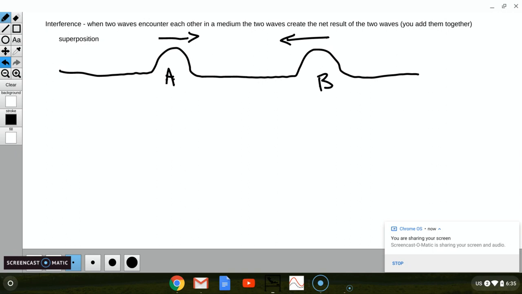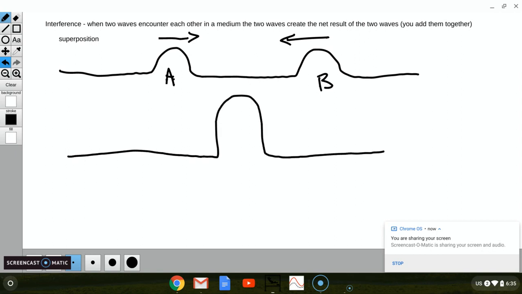And so people tend to really like this stuff just because it works this way. So if we have two wave pulses that are running at each other here, what ends up happening is when these meet, they will add. So when they collide, you end up with one really big wave pulse that should be as big as A plus B. Okay, so you add them.